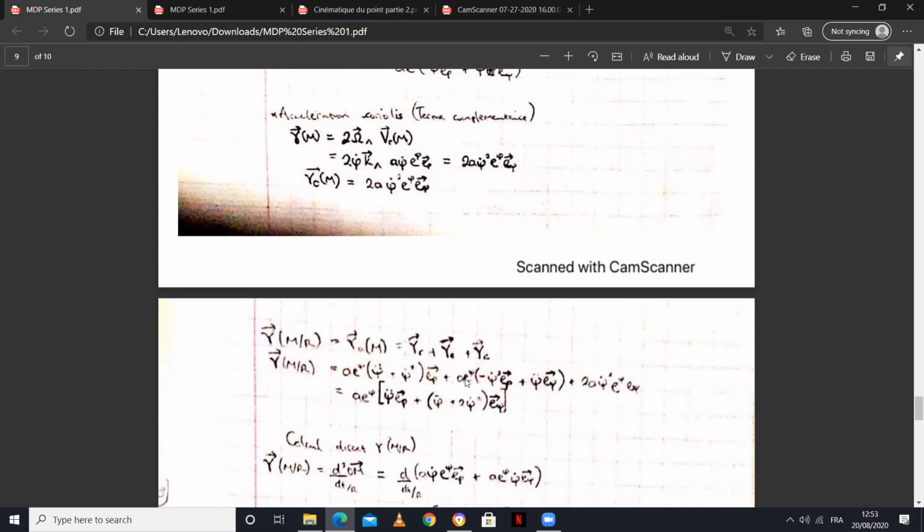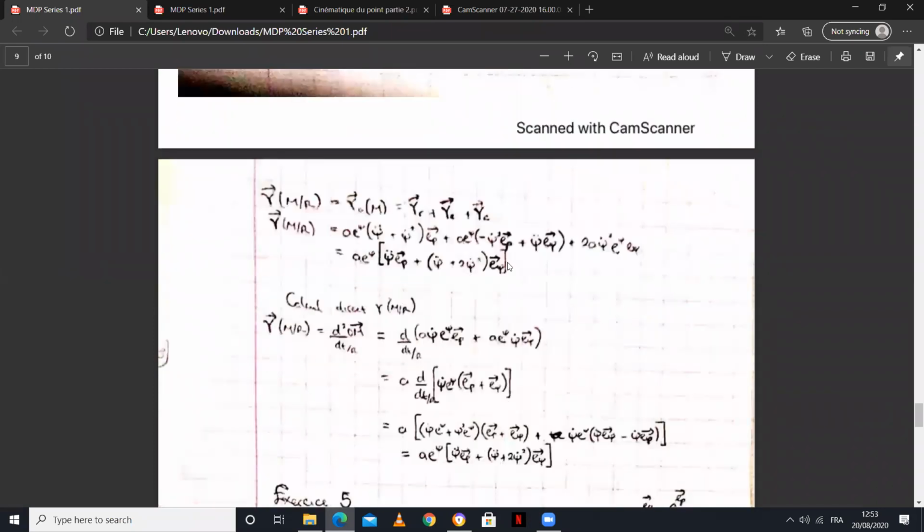Those following E rho, you group them together. Those following E phi, you put them together. And those following K, if there's any term following K, you put it there. Then you simplify them, add, subtract, divide what needs to be done. Et voilà, vous aurez votre expression de l'accélération absolue qui est cette expression-là.